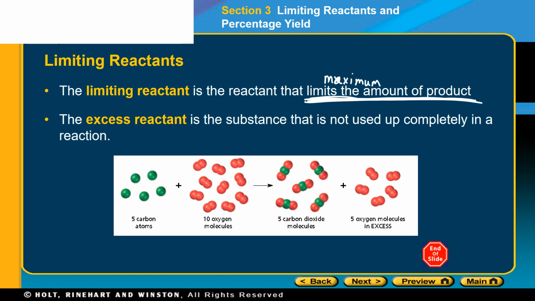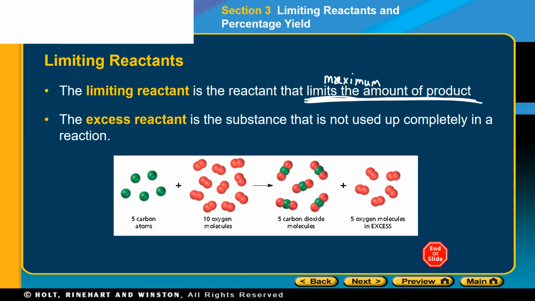Because if one limits, that means we can't produce as much as the other one says we can. All right. So the other term is excess. If you have an excess of something, what does that mean? You have too much or more than you need. All right. So excess reactant is the substance that's not going to be completely used up.